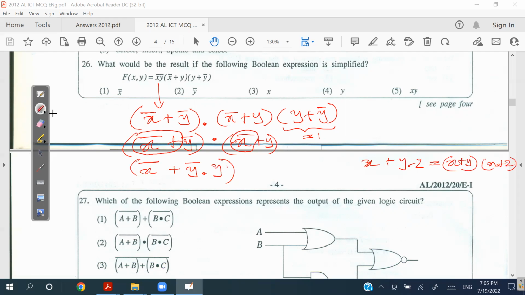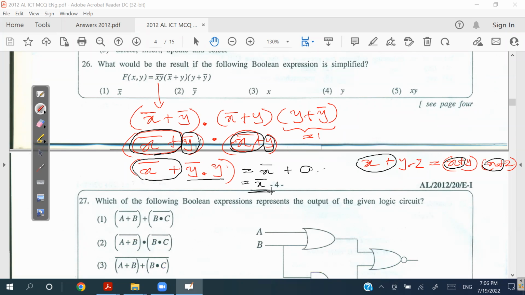So the x plus goes over here, x plus and x plus. Same goes here, x bar plus is here, x bar plus is over here, and they have y bar and y. So I took x bar plus y bar dot y. Right, so this gives me x bar plus 0. Y bar dot y means 0. That means the final answer is x bar, which is going to be the first answer.